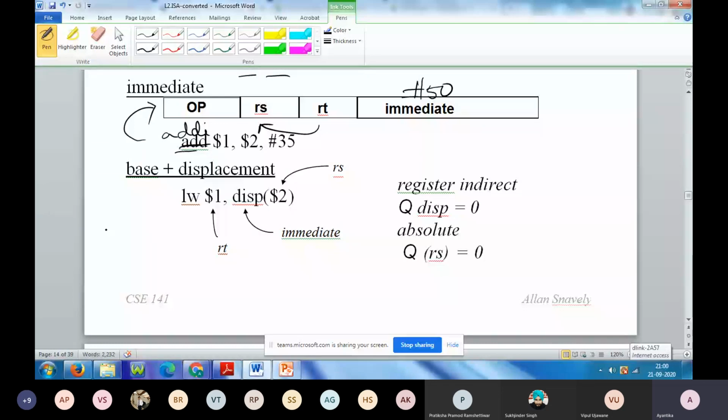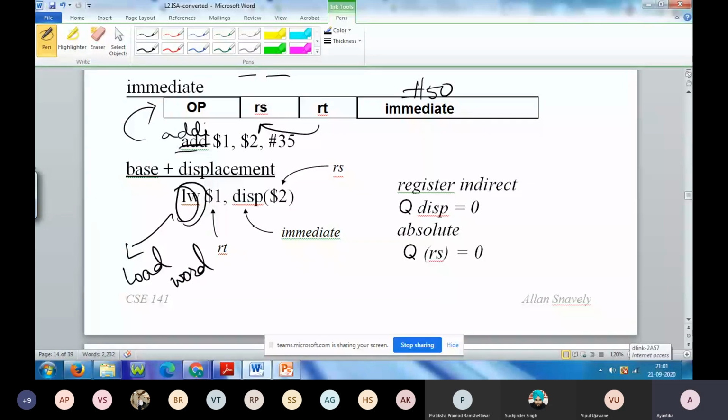Okay, in this base plus displacement, what we have, we are loading this. See, this is called LW. LW means load word.